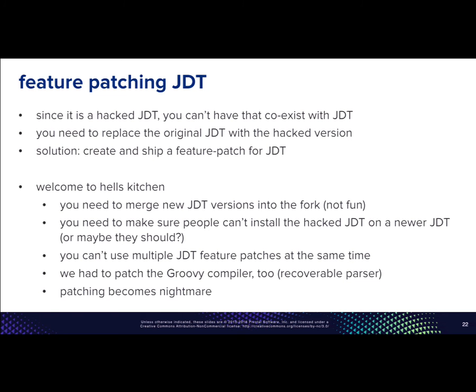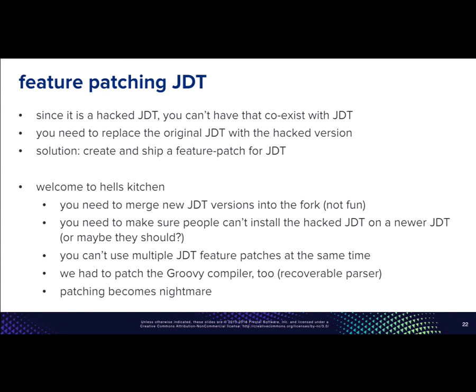But since this is a hacked JDT and a different version of JDT, you, again, cannot run that side by side. So you cannot say you run JDT and you run your hacked version. Otherwise, you would need to completely modify the existing fork of JDT. So we chose to do something like a feature patch. Right?